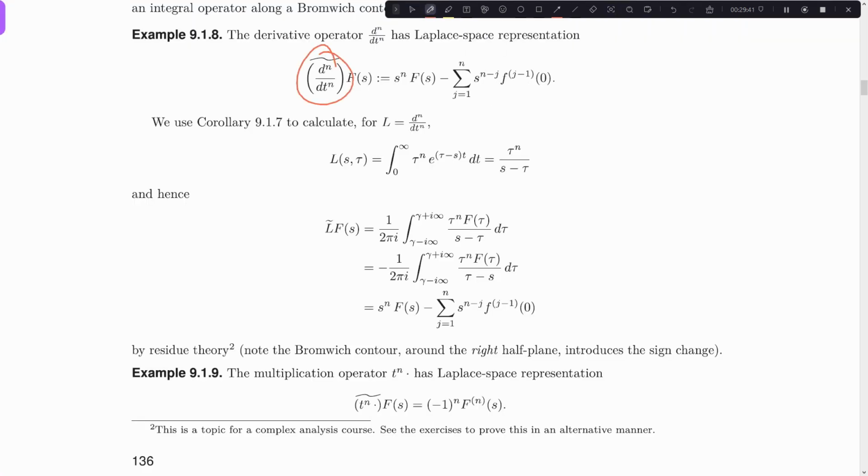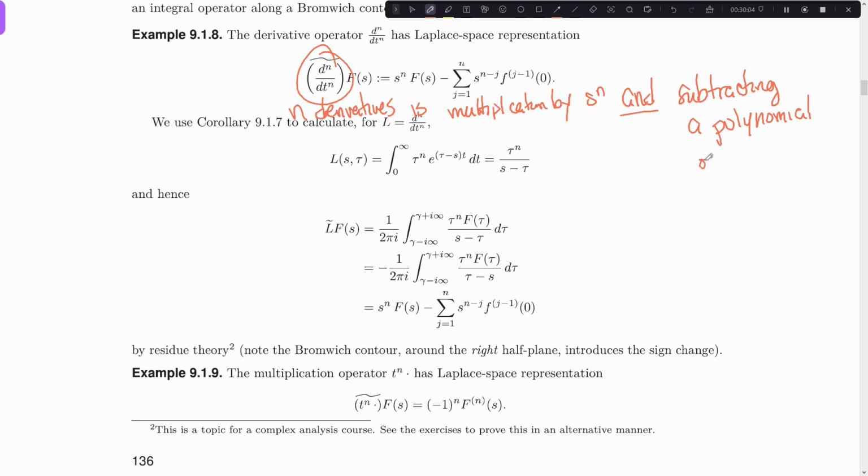So the derivative, or really n derivatives, is multiplication by s to the n and subtracting a polynomial of initial conditions.